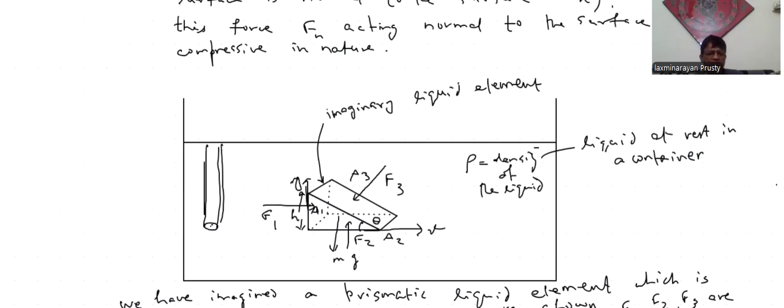Then somebody may argue, why should I not take a vertical area at that point? You can take it, absolutely, I have already given you the license.